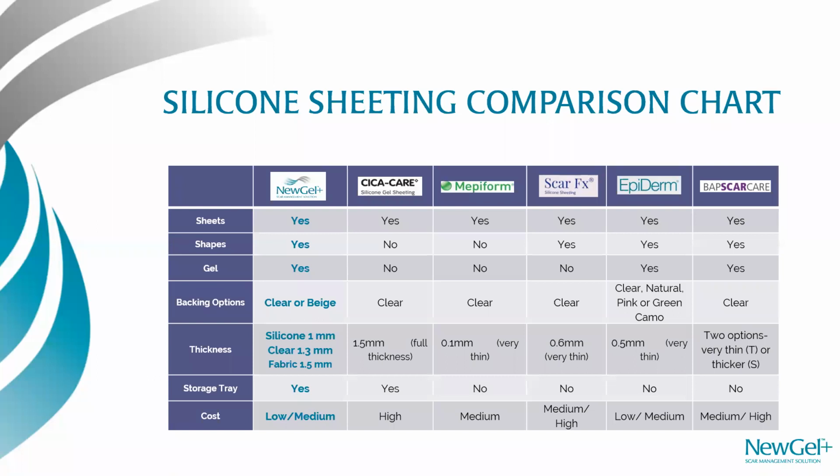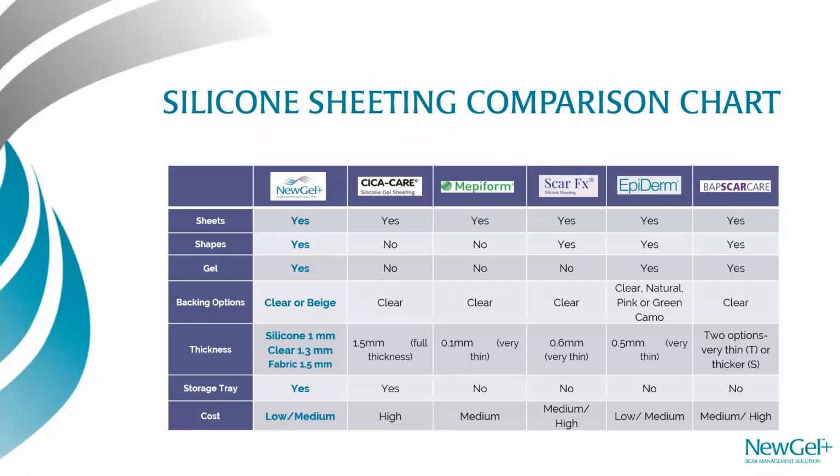So you can get a feel for the thickness. If you look at Sikacare, it's 1.5 millimeter full thickness, and that is without any fabric backing. So you can kind of picture how much thicker that silicone portion is on that Sikacare sheet. And then obviously comparing it to the much thinner options that you see here.